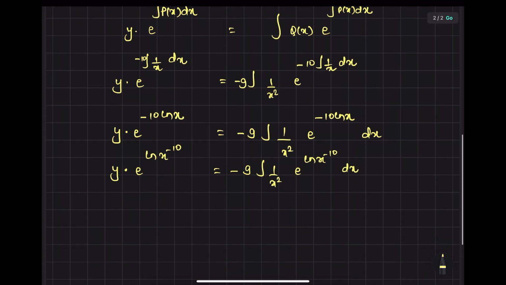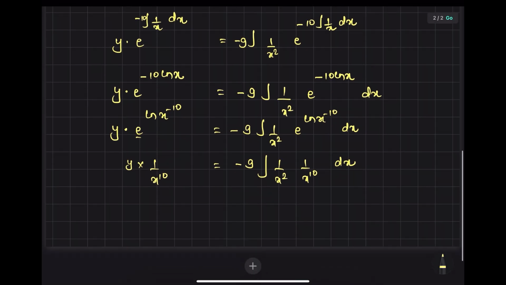Now you know that the base of the exponential and the base of the log are the same. So can I write y into 1 by x power 10, and then minus 9 times 1 by x square and then 1 by x power 10 dx. Now look at how we will respond.